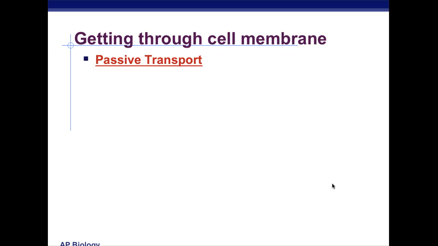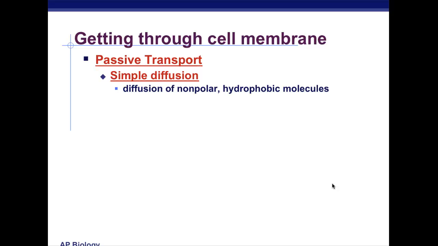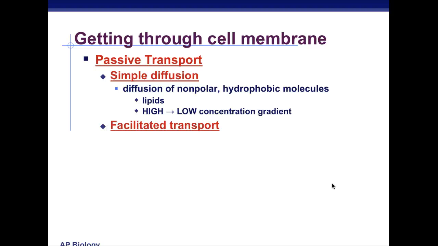So getting through the membrane, passive transport, there's simple diffusion, which is diffusion of nonpolar hydrophobic molecules that go directly through the cell membrane from an area of high concentration to low, so things like lipids. And another example of passive transport would be facilitated diffusion.